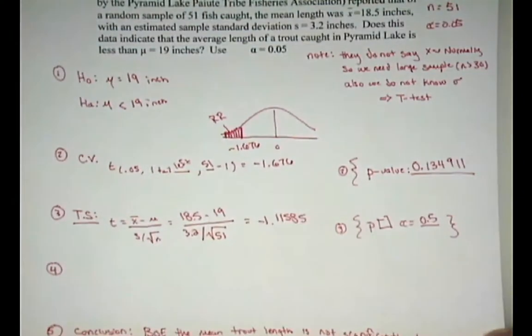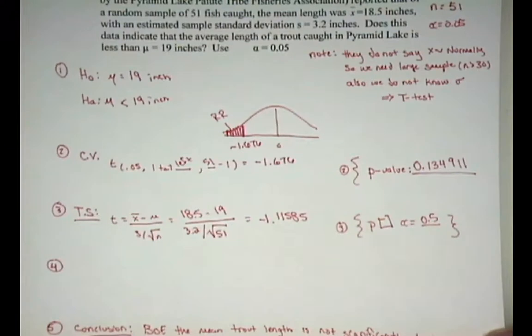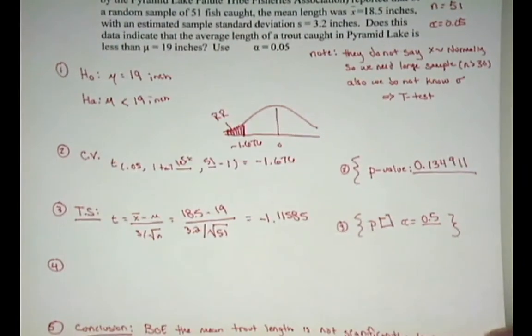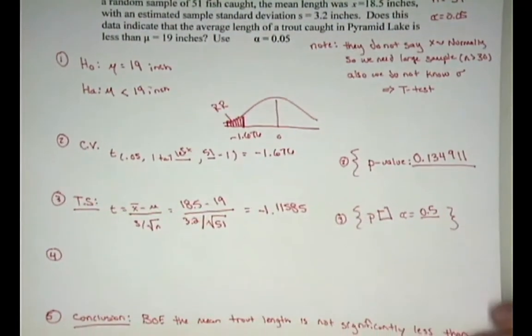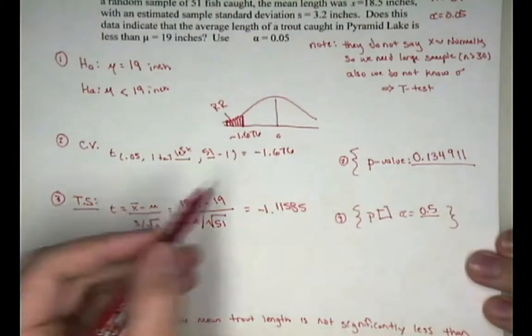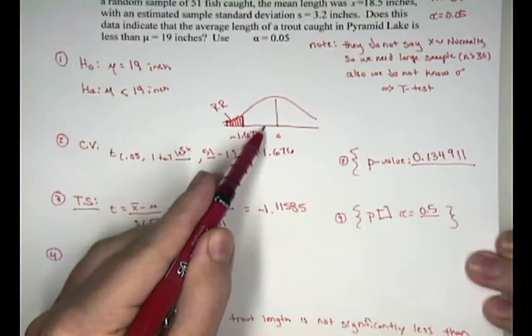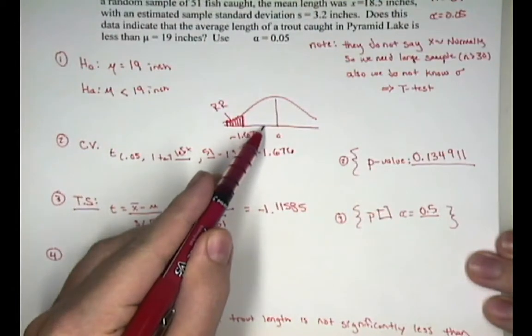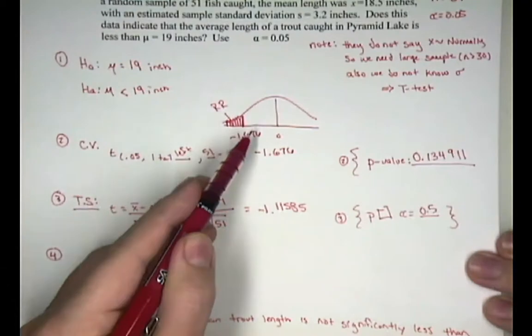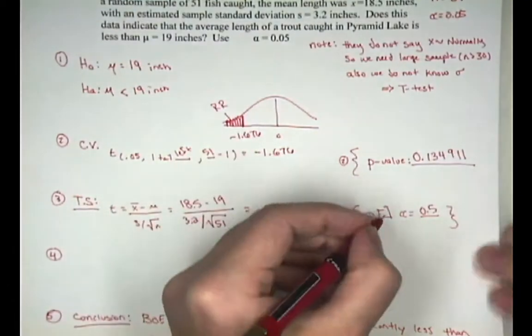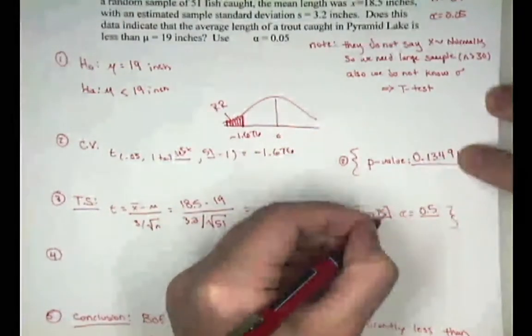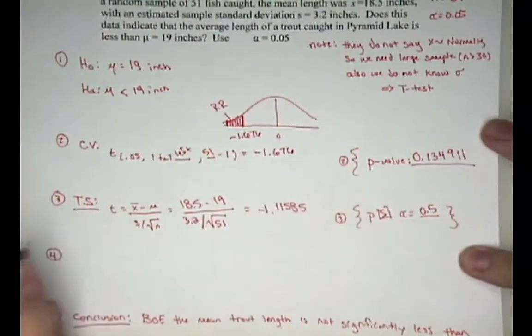And then you see where that falls in your rejection region. Does it fall in the rejection region, or outside of it? Well, negative 1.1 is closer over here, so it's not in the rejection region. We're going to fail to reject in the critical value method. In the p-value method, p is definitely greater than alpha, so we would fail to reject as well.